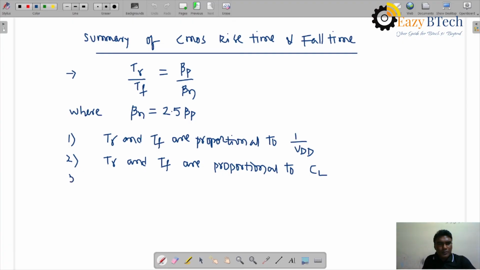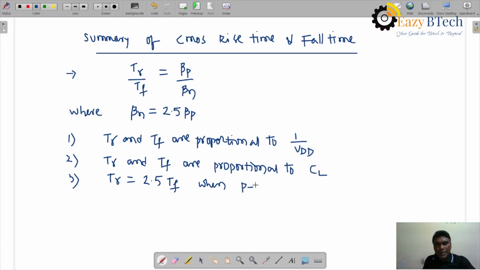Now TR, the time taken by the PMOS transistor, is 2.5 times the fall time of the NMOS transistor.